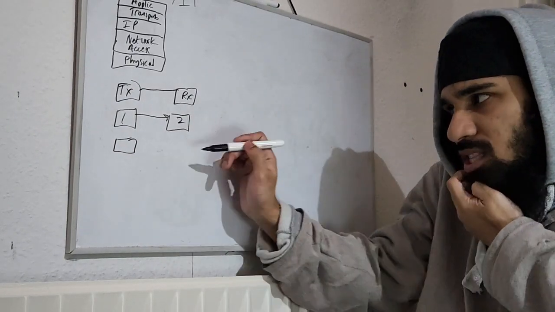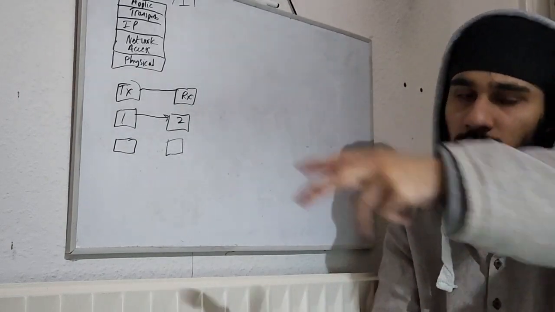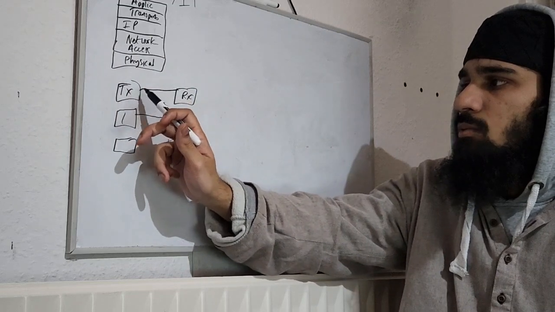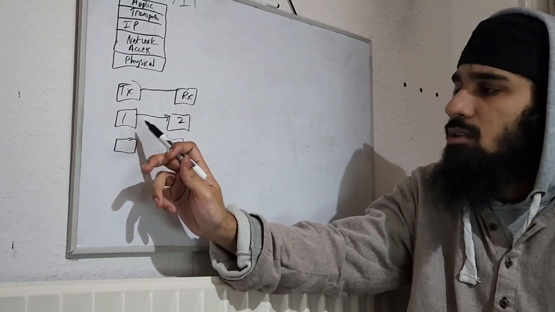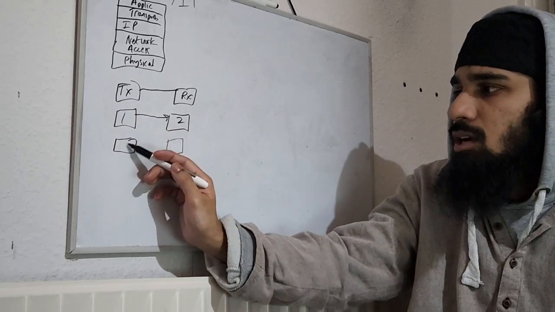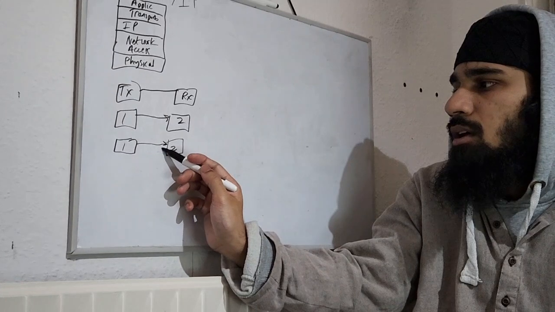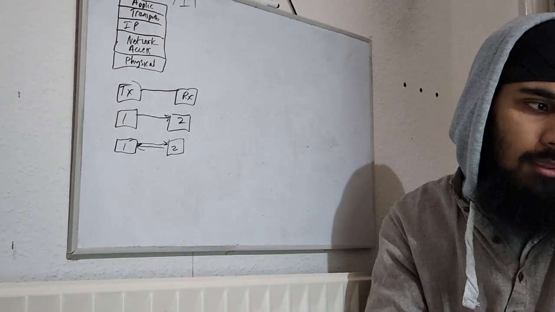Both of them can transmit at the same time. They don't need to wait for the others. So simplex is one transmitter and one receiver, half duplex means they have to wait for each other's turn, and full duplex means they can do it simultaneously.